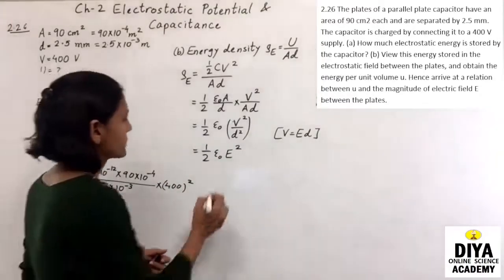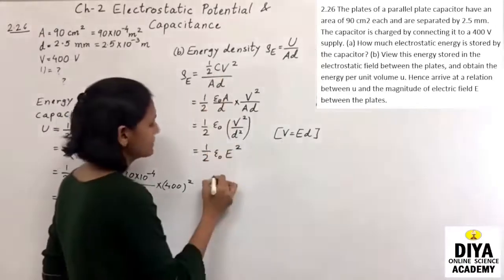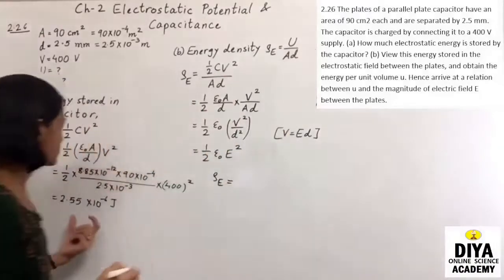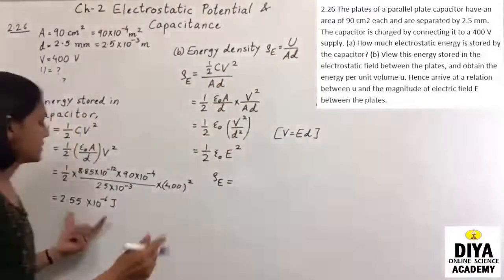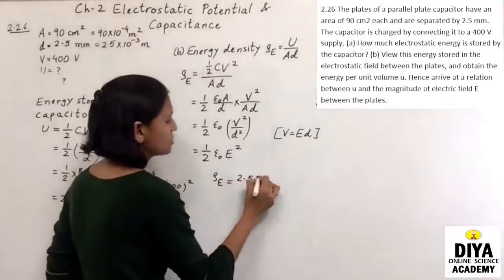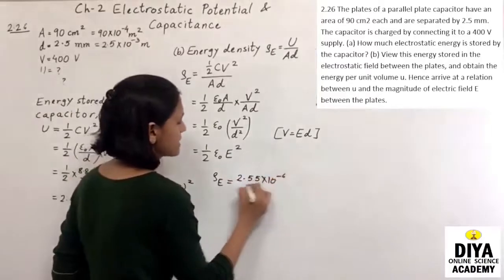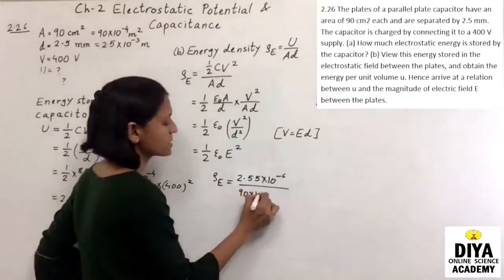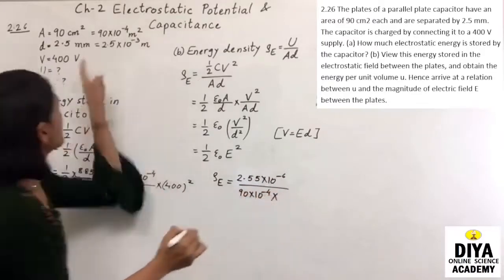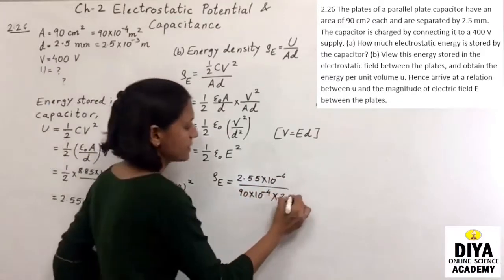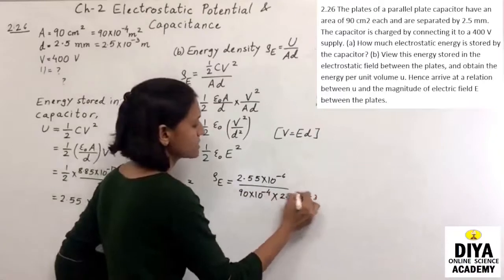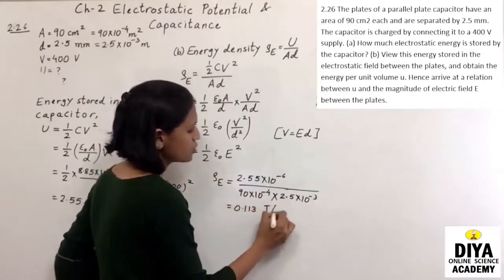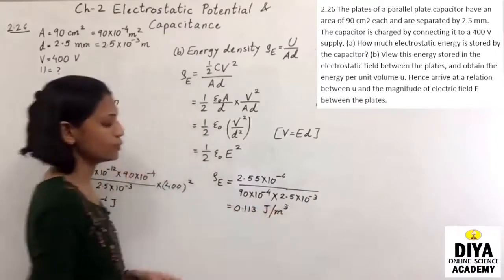Also if we want to find out the value of this rho E, then putting the value of U into this formula, 2.55 into 10 raised to minus 6 upon A. Area is 90 into 10 raised to minus 4 into D, 2.5 into 10 raised to minus 3. So the answer would be 0.113 joule per meter cube.